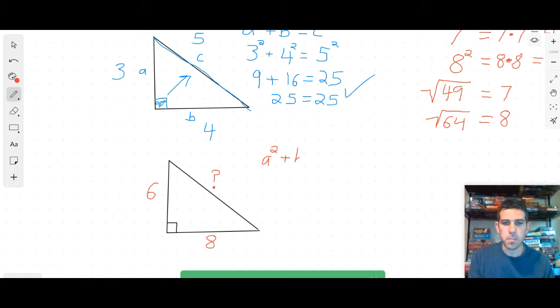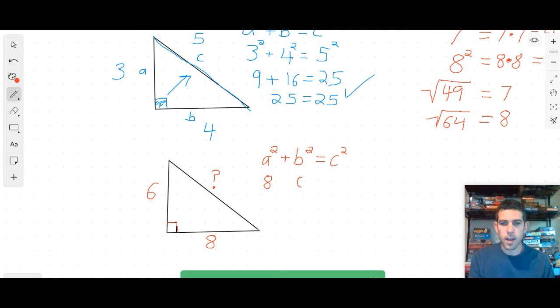A squared plus b squared equals c squared. And the more you write out, the easier it is and the less confusing it gets. Because remember, we said that a and b are the 2 legs. They're the 2 sides that are closest to this right angle, the 2 smaller sides. It doesn't matter which one I make A or B, as long as I include them both.